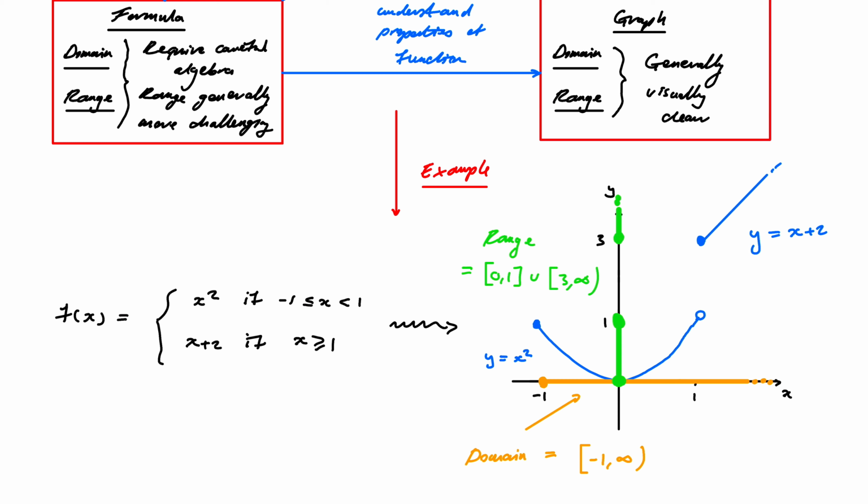So especially the range is very difficult to spot just from the formula. Very difficult. Domain's not so difficult, but the range really is. So this is just a really good example to give you a pretty nasty looking function, one that's defined piecewise, and just to show you the power of switching to a graph.